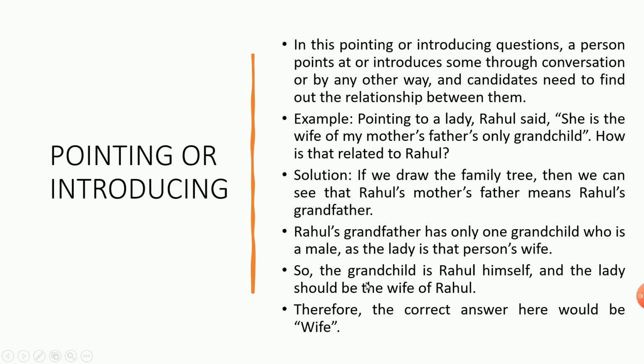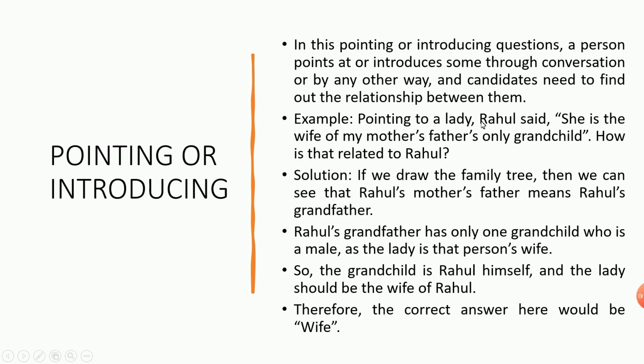As an example, here I have given one. Pointing to a lady, Rahul said she is the wife of my mother's father's only grandchild. So how is she related to Rahul? What they are saying is, she is the wife of the only grandchild of my mother's father. So we have to draw the family tree.